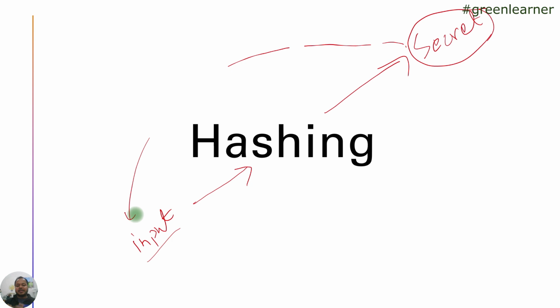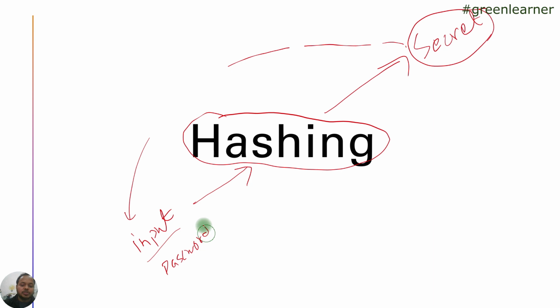In layman's terms, when the input, say a password, goes through a hashing function, it passes through layers of operations, like L1, L2, L3, L4. After that, the secret gets generated.